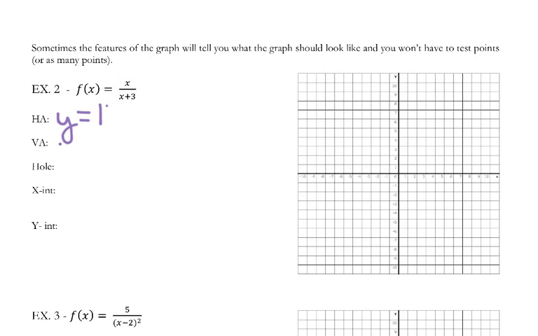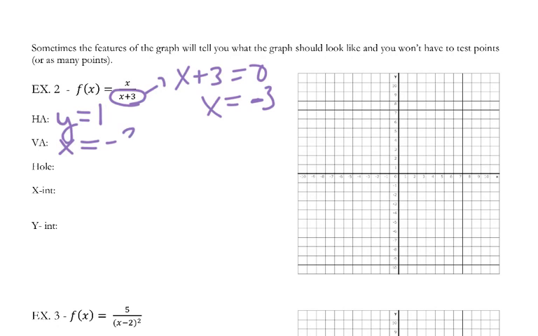Alright, vertical asymptotes. For the vertical asymptote, we look at the denominator. We set the denominator equal to 0. If x plus 3 is equal to 0, then x equals negative 3. That's where our vertical asymptote will be. Okay, so let's actually plot that.